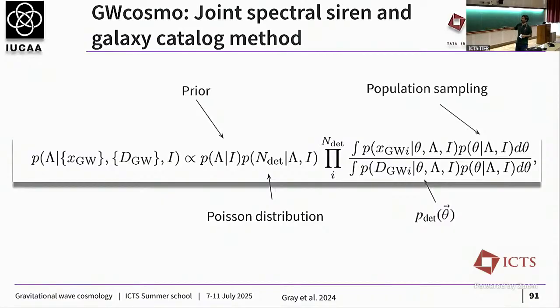And so again, there's a prior, there's this Poisson distribution related to how many events you detect, and then a multiplication over the different detections of this kind of a thing, where the denominator is related to the selection effects and the numerator is related to the likelihood. Okay. So again, since we have gone through this multiple times, hopefully this will be familiar now.